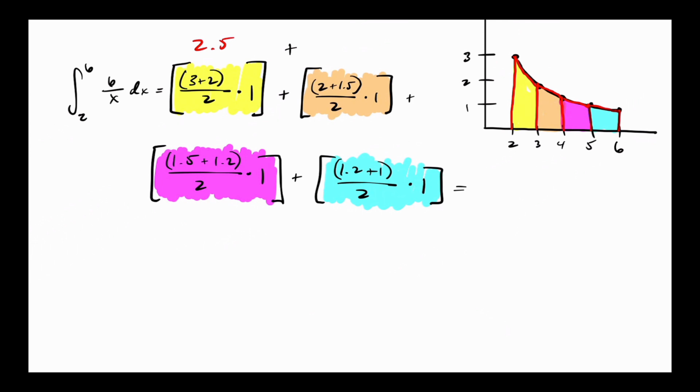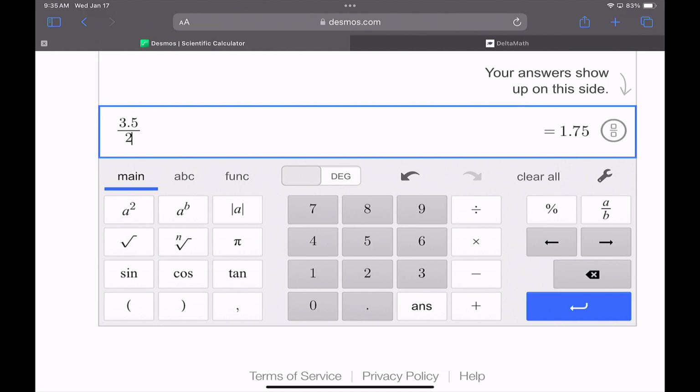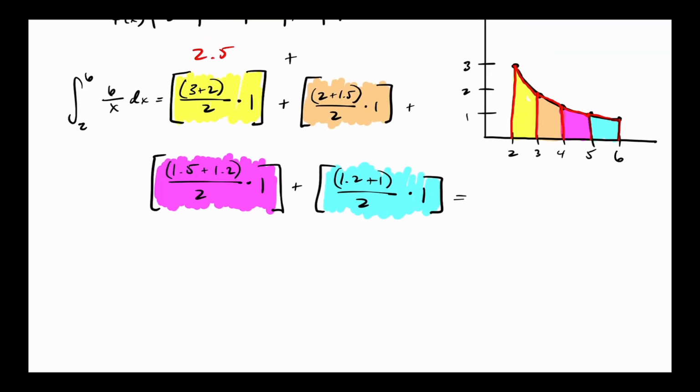What is 3.5 divided by 2? 1.75. 1.75 plus, see, the pink one is 2.7 divided by 2. 2.7 divided by 2 is 1.35. And then the last one's 2.2 divided by 2, which is 1.1.